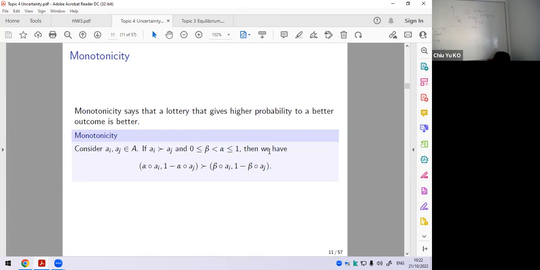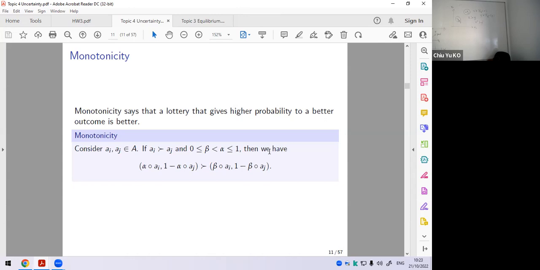Unless you're crazy, this is very natural. Honestly, I think it's a rather weak property, because there are only two outcomes and the lottery is just more in your favor. I guess the strong part comes from the strict preference here.